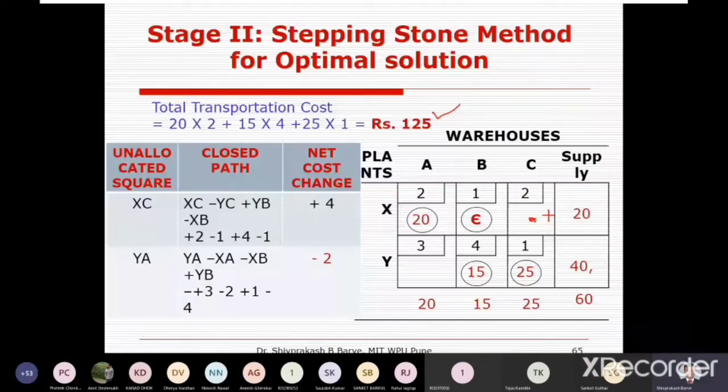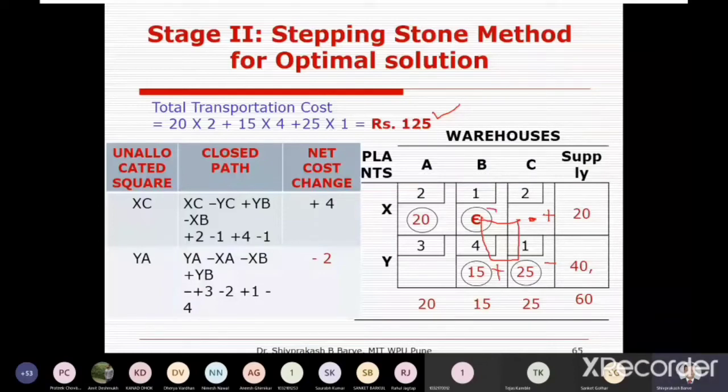So here we can plot a closed loop like this. For making a closed loop, we require at least 4 cells, so that we get alternate plus and minus signs.